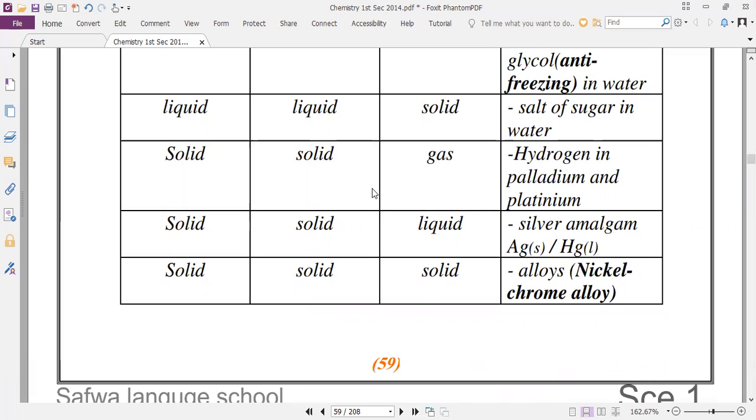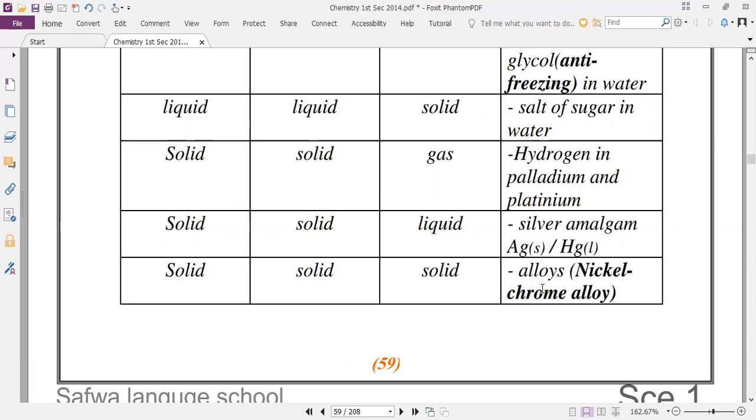Gas in solid: hydrogen in palladium and platinum. It's gas solid. Silver amalgam is liquid solid, as silver and mercury in solid.